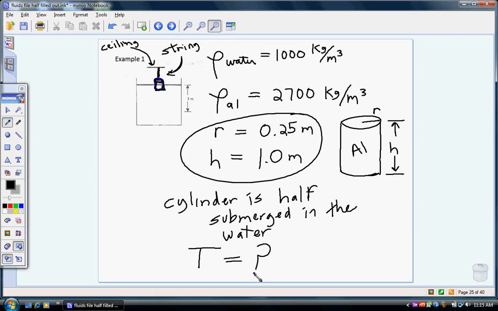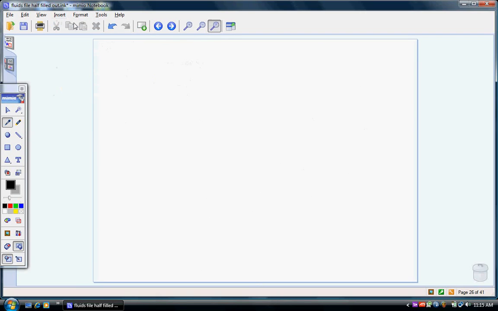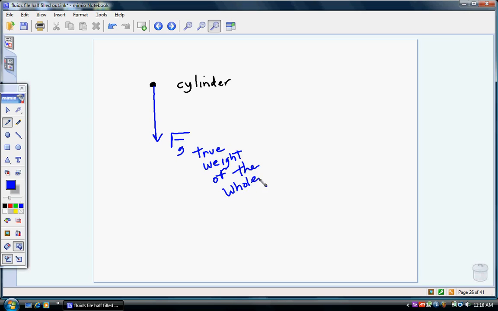All right, let's go to a new page here. So let's say that this here is the cylinder, and let's draw the forces acting on the cylinder. So we have the Fg, the true weight of the whole cylinder.